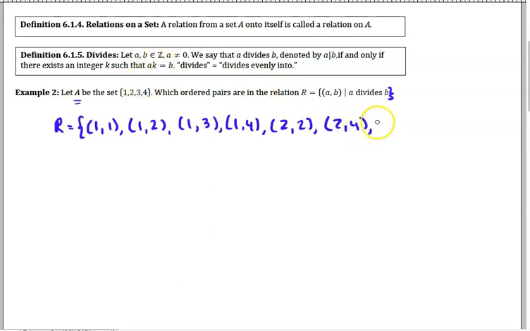If we look at 3, 3 only divides itself. And if we look at 4, 4 divides 4. So with the set of integers 1, 2, 3, 4 being the input set and the output set, those are all the elements that fulfill that description.